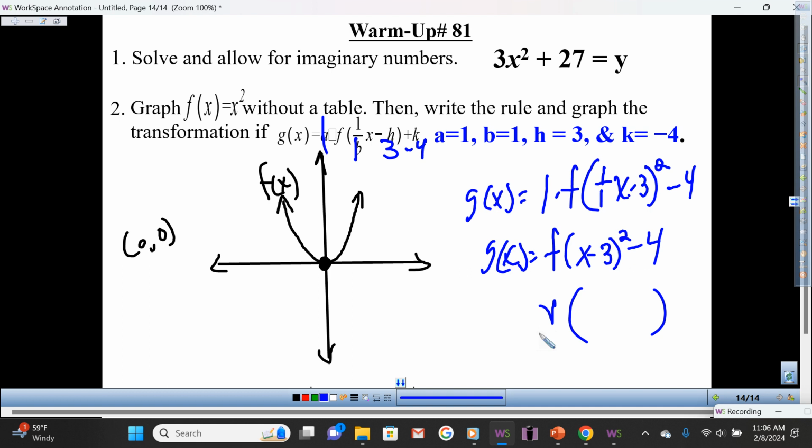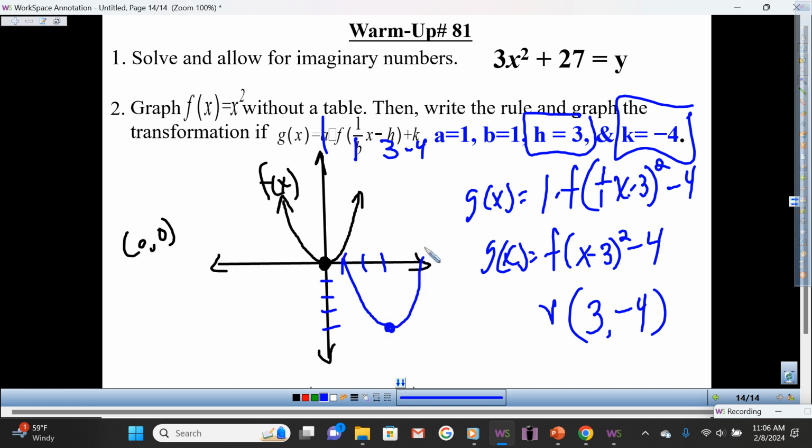Rylan, vertex of the new transformation. That is correct. And he saw that because of H and K. 3, negative 4, so we go 1, 2, 3, and then 1, 2, 3, 4. So my new vertex is down there for g of x. And if you got something like that, all right. Let's go to number 3.